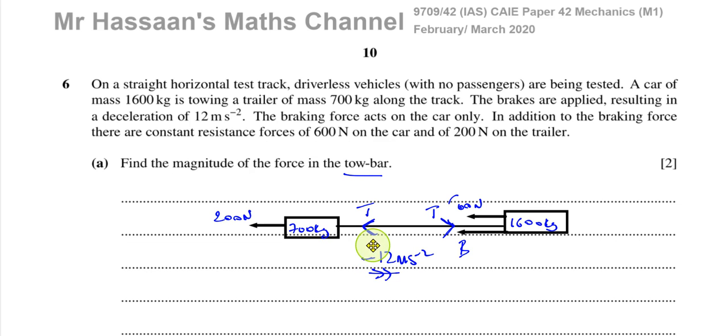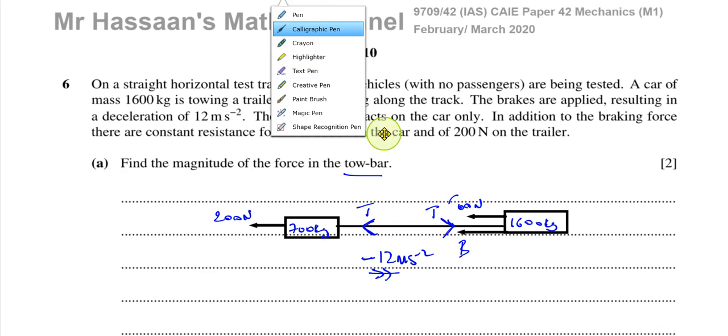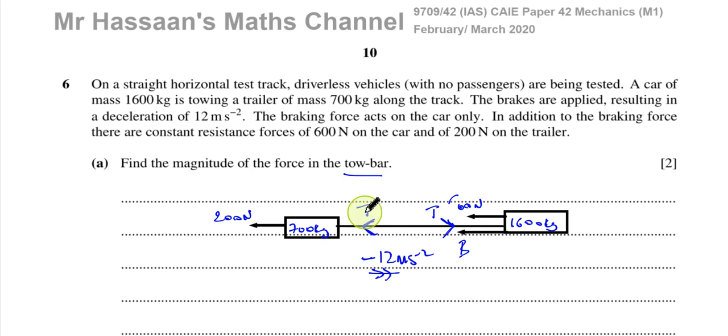What we could do in this situation is the following. First of all, we want to find the tension in the tow rope. So what we could do is consider one of the particles by themselves in isolation from the others.